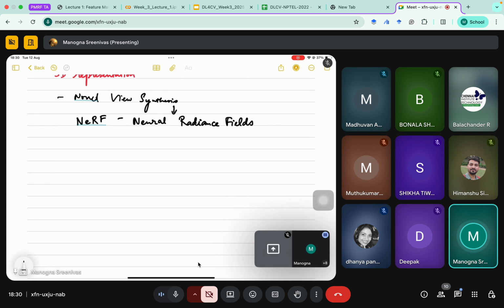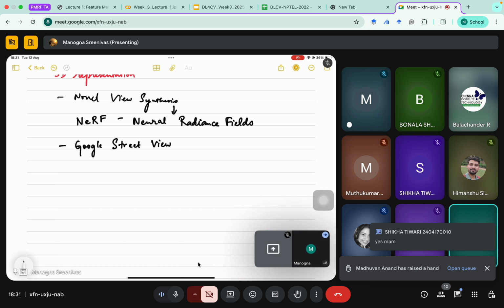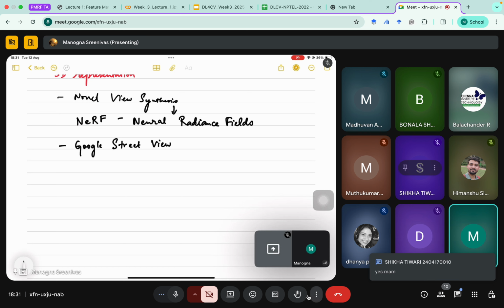So the task is simple and very classic. There is this Google Street View and all, right? How many of you know what Google Street View means? Okay. So what do we do in that?